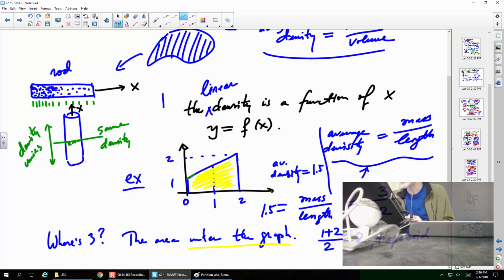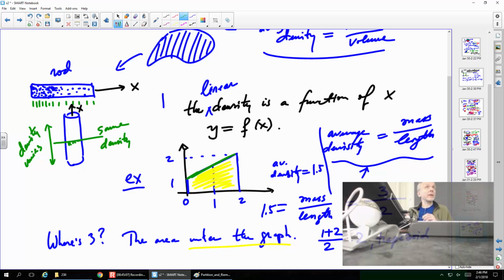Because we know that if next time we change this linear density to some density that's not linear, might be variable in an entirely unpredictable way, we know what to do. We know that the mass will be the area under the graph.